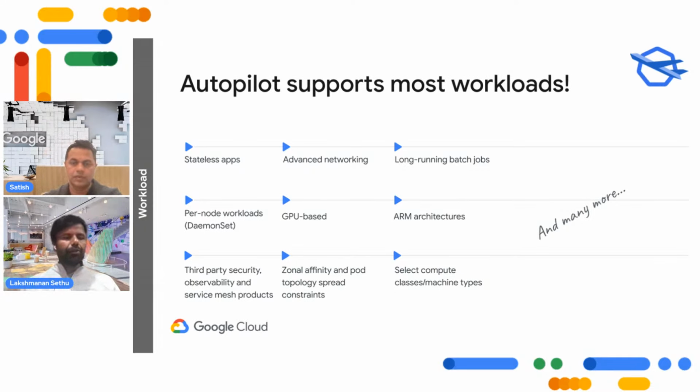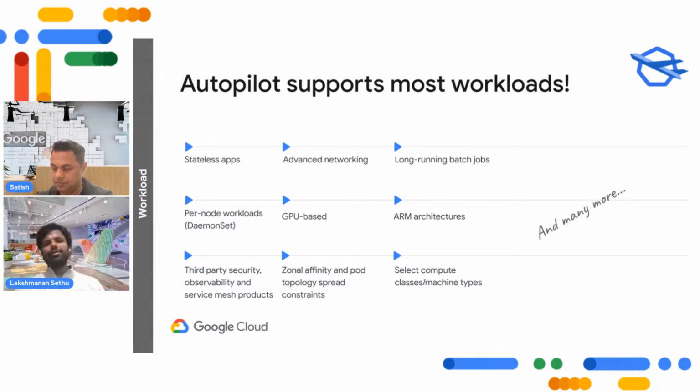And stateless apps, which everyone knows about, right? Which are microservices, where the container was born. You run your application as microservices, and stateless applications are possible, which is what most customers use for running e-commerce web applications and all that stuff, all stateless, based on microservice architecture. That is supported by Autopilot.